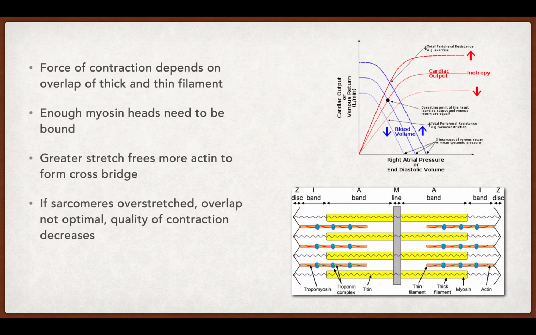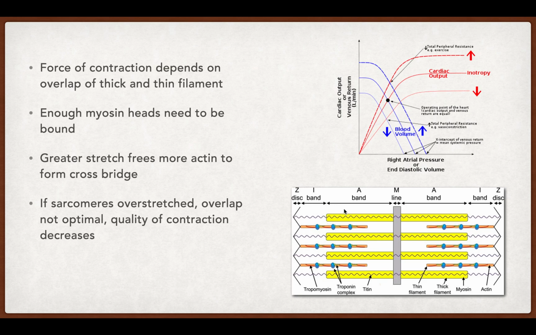So the force of contraction depends on the overlap of thick and thin filaments. Okay, so imagine the heads of these overlying the actin. There is going to be 2 rows of actin, which this of course does not show, very disappointing.